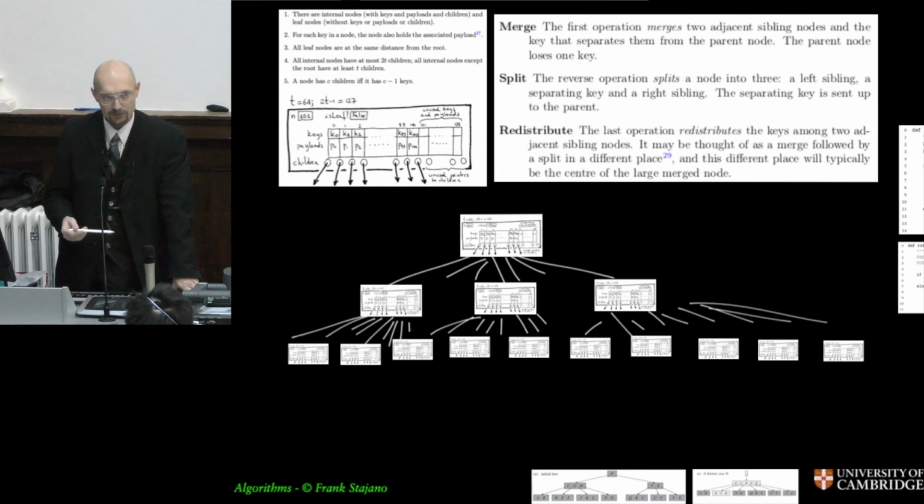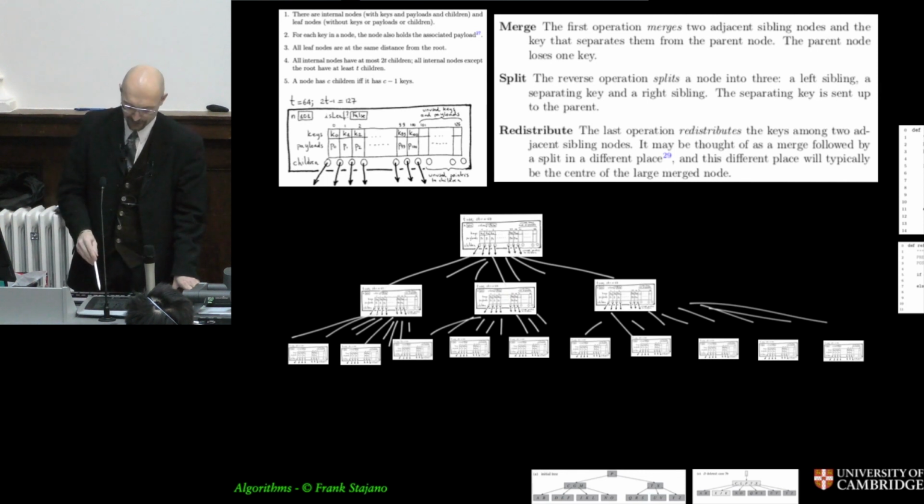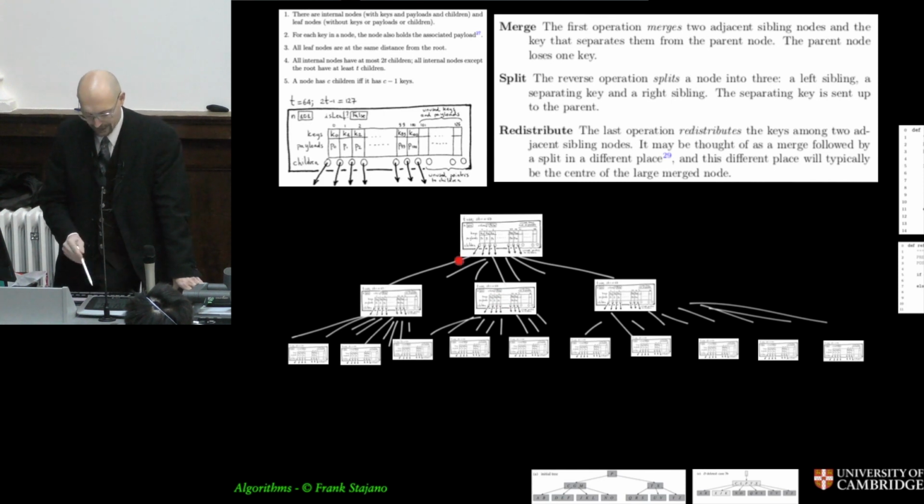But this may involve a recursion back into the same operation for the level above, in case the parent also had the minimum number of keys. And in that case I have to check, okay, does this also have a sibling from the same parent node that has t-1 keys? Then I can merge it. But maybe I have to do it at the next level up and so on.